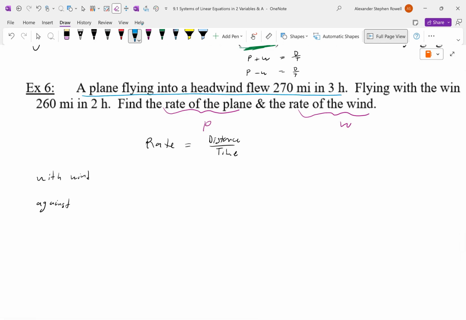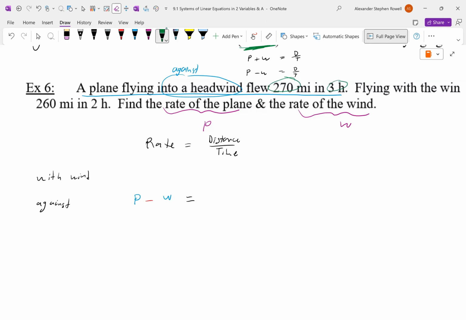Are we talking about with the wind or against the wind? Into a headwind is against. Okay, so in this case, we would have P minus W or P plus W? Yeah, against the wind, we subtract. It is equal to how far did we travel?